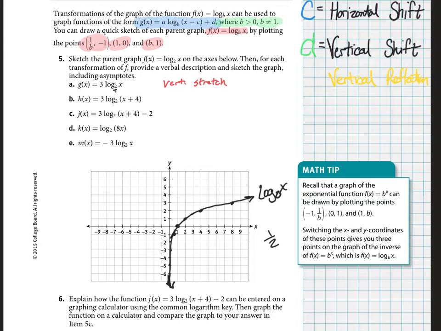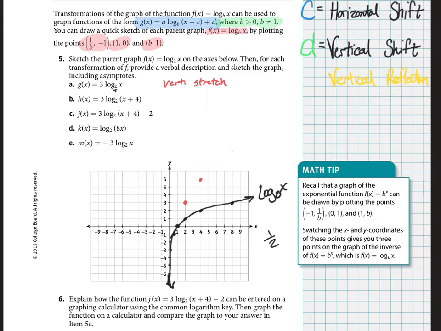This value of 1 will now be at 3. This value at 2, which was at 1, whoops, did that wrong, sorry. When you triple a 0, it's still 0. When you triple a 1, it becomes 3. When you triple a 2, it becomes 6. When you triple a 3, it's off the graph. But you can see how this has vertically stretched.